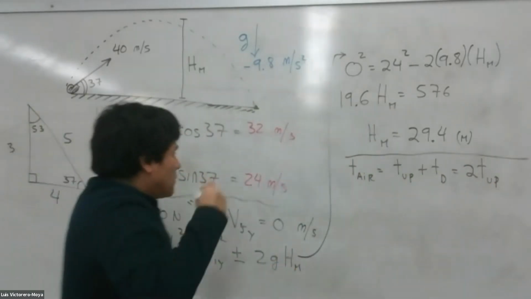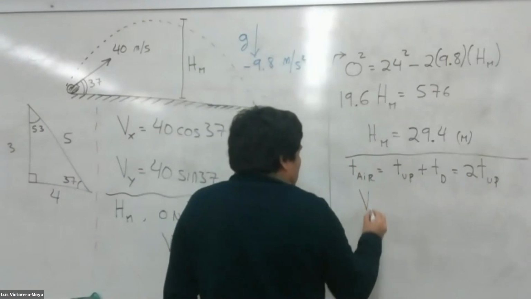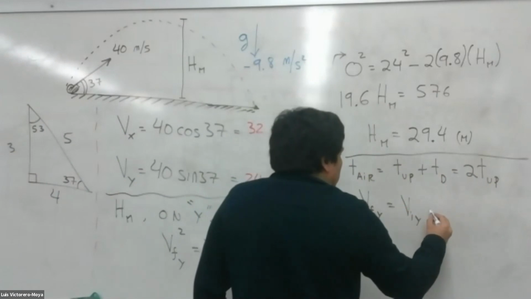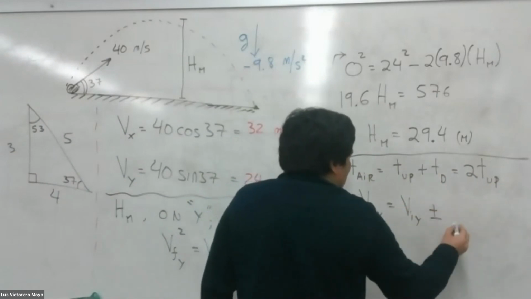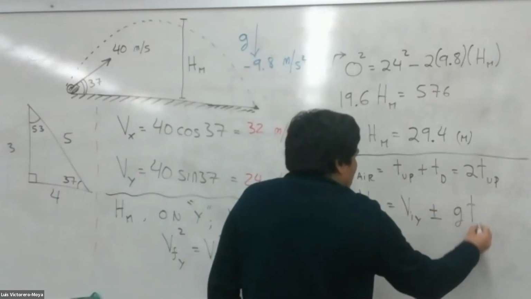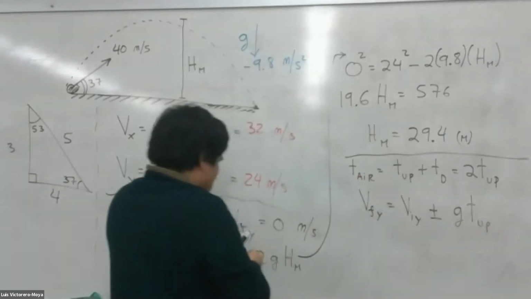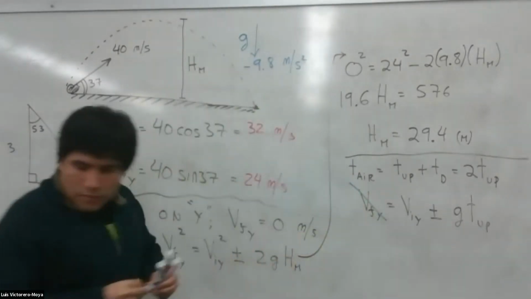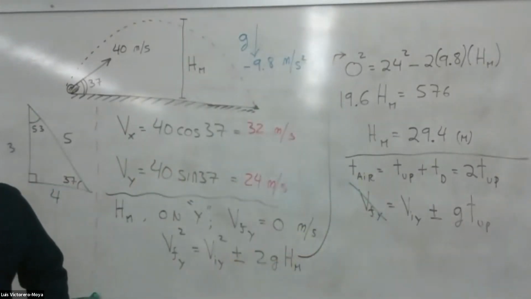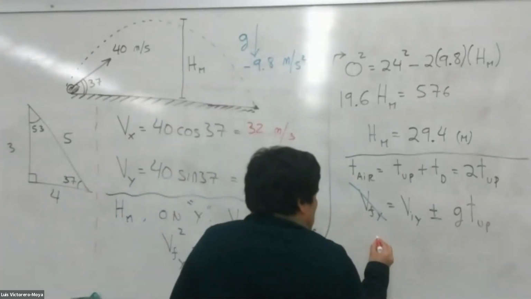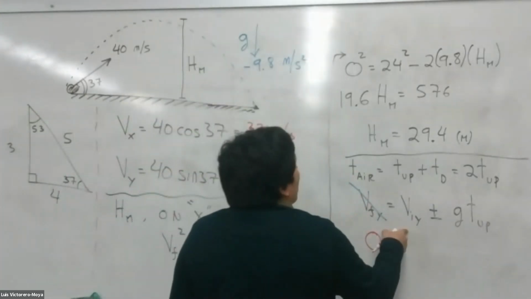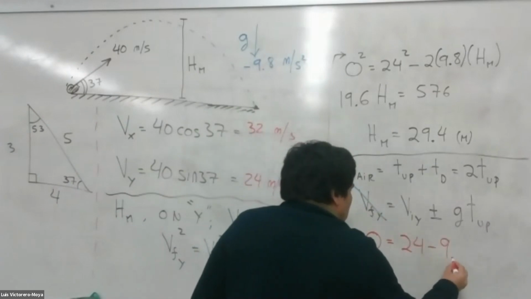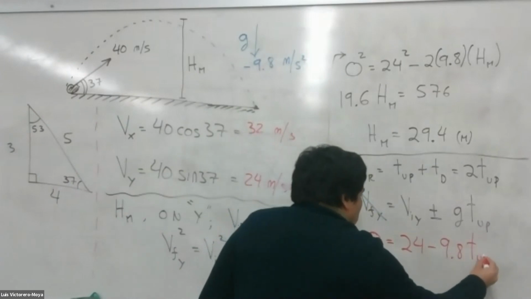The time to go up, we just use this. The final on Y equals the initial on Y, plus or minus gravity times the time to go up. This is 0, right? So 0 equals 24 minus 9.8 times the time to go up.